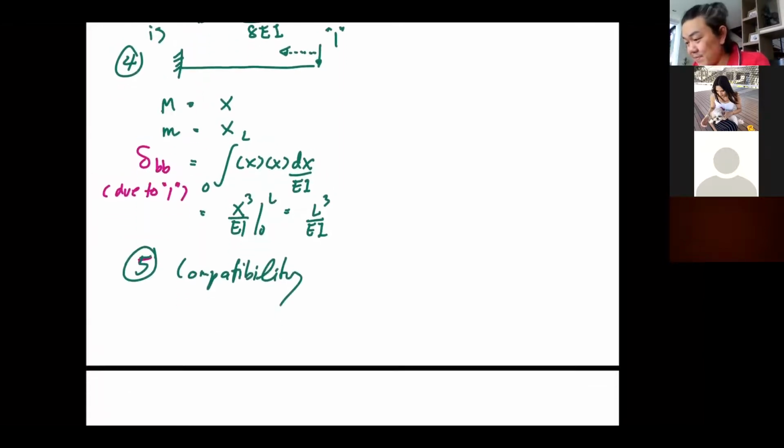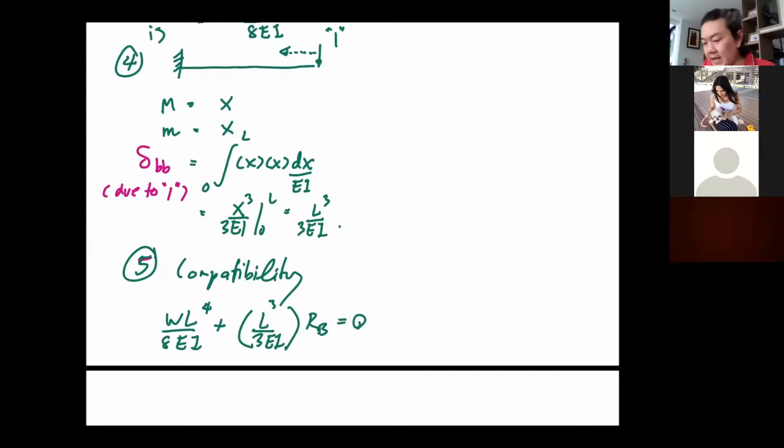Now I have WL to the power 4 over 8 EI plus, remember this displacement is due to the load equal to 1, but I want the displacement due to the reaction. So this becomes L cubed over, oops, I forgot the 3, it has to be 3 EI, multiplied by RB equal to 0.